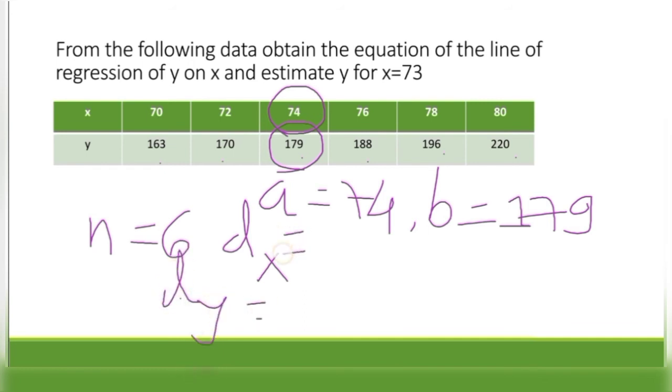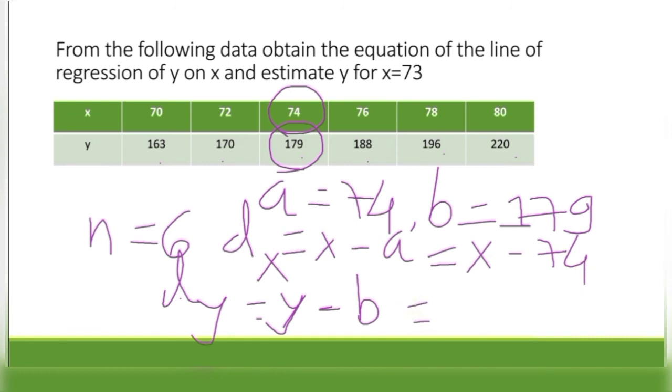To find dx, dx is equal to x minus a, and dy is equal to y minus b. So it will be x minus 74, and dy will be y minus 179.